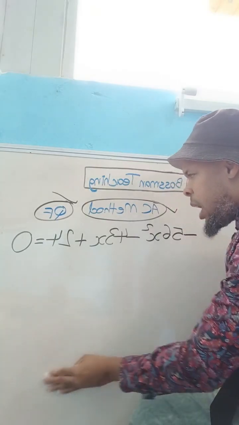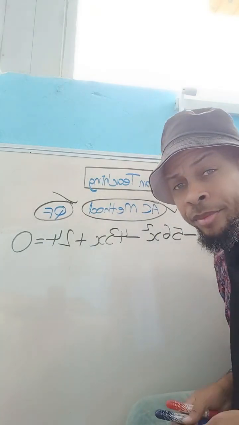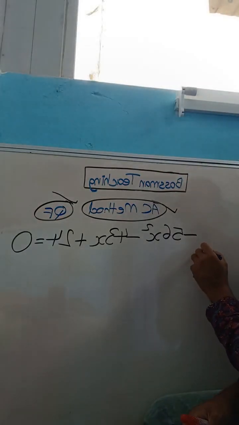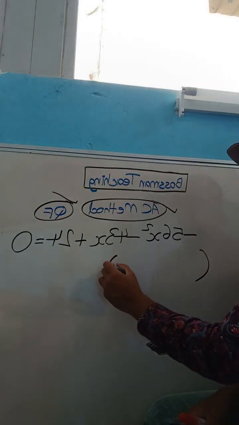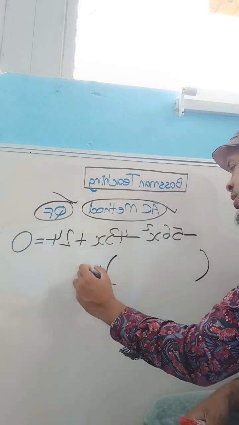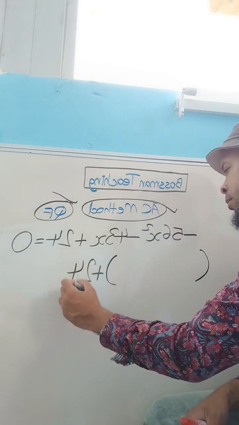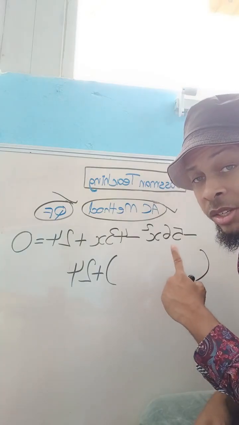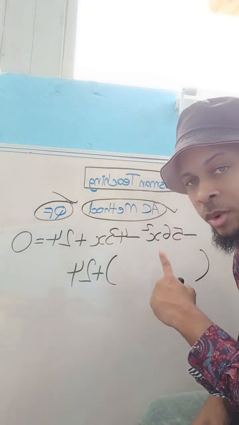Now, a number of things are going to happen. And just to make your life easy, you're going to want to put a bracket like so. A plus 24 here. And what's going to happen is you're going to take the coefficient of x squared and put it out here.